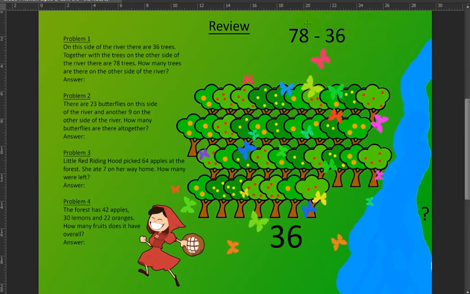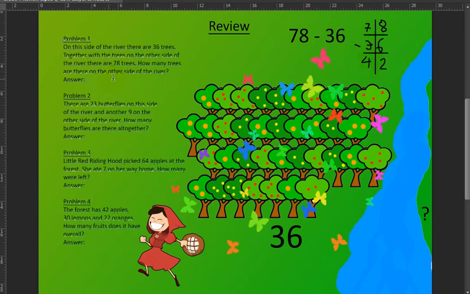Since I don't have 36 fingers, I am going to use the shape that we've shown. And I'm going to put 78 on top, 36 in the middle, and I am subtracting. 8 take away 6 makes 2, and 7 take away 3 makes 4.